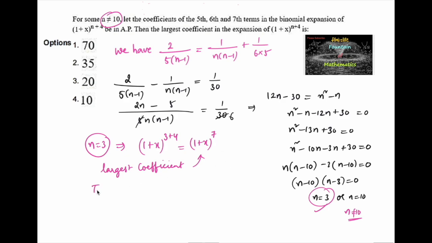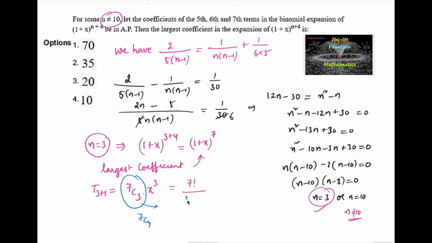So we can write t(3 plus 1) is equal to 7C3 x to the power of 3. We need to consider only the coefficient. The largest coefficient can be taken as 7C3, or we can take 7C4 also.